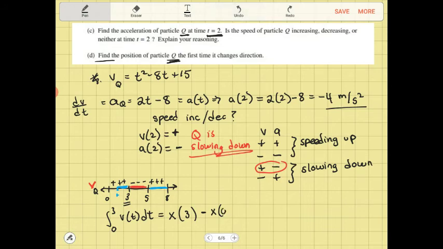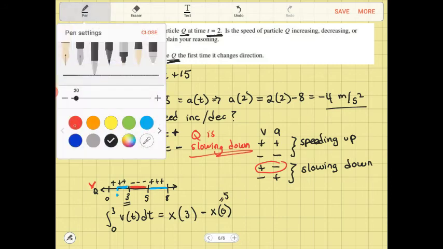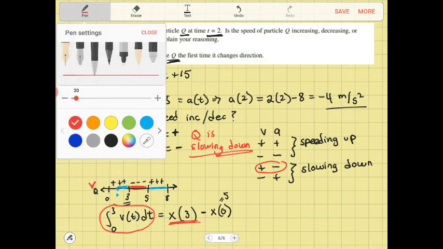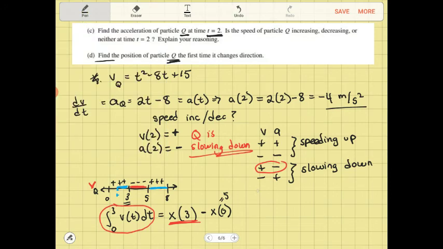Now, the initial position was given. That was 5. And we want to solve for the final position. So when we integrate our velocity function, we'll get a number, and we'll be able to solve for the final position. I don't feel like doing the integral. Sorry, guys. I hope this is clear.